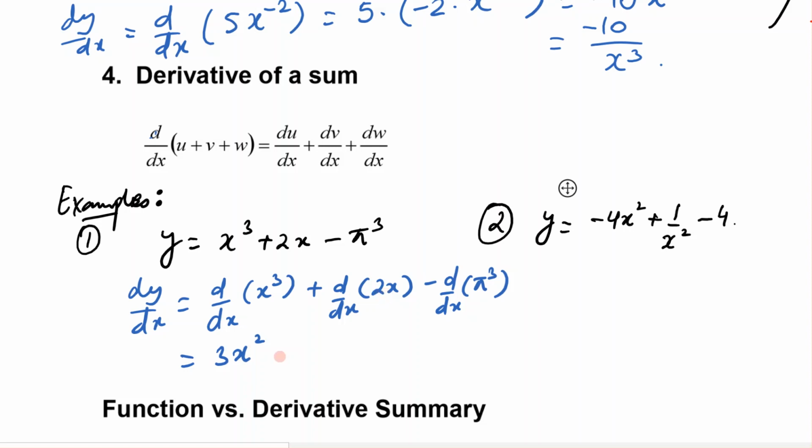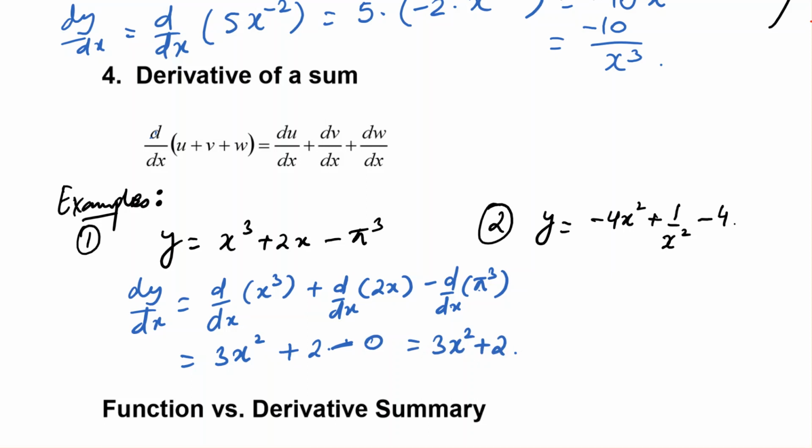Similarly, for the derivative of 2x, 2 is just a factor in the product, so you bring it out, and the derivative of x is 1, so you just get 2. And then we have the derivative of pi cubed. Pi is a constant, so pi cubed is a constant, and the derivative should be 0. Overall we get 3x squared plus 2. That is our answer.